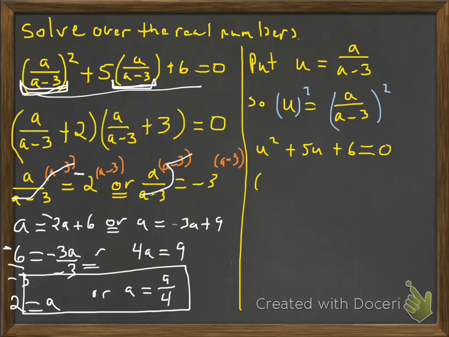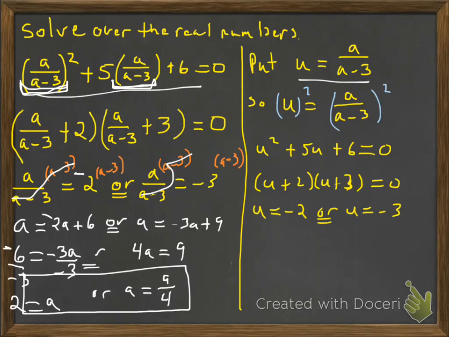and we're looking for a product of 6 and a sum of 5, so that's going to give you again u plus 2 and u plus 3. Solving both of those equal to 0, we'll have u equals -2, or u is equal to -3. Now remember, u is equal to a over a minus 3, so we're going to go ahead and replace that.